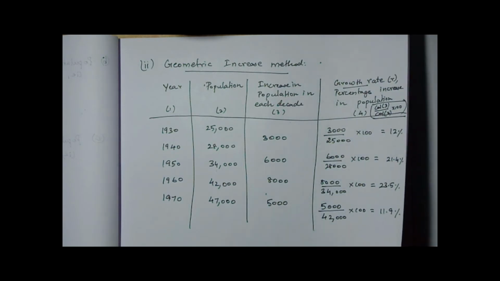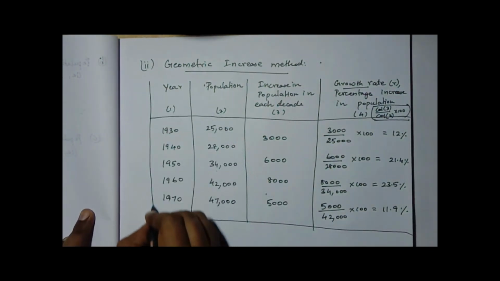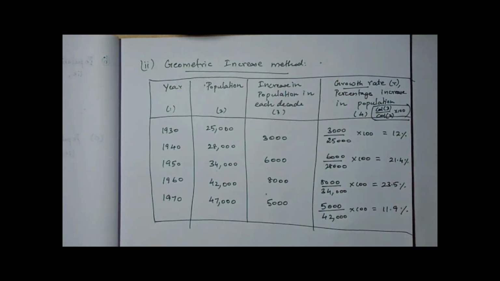So next we'll find what is the geometric increase method. How can we predict the population? So now we have to find the geometric mean of the growth rate.